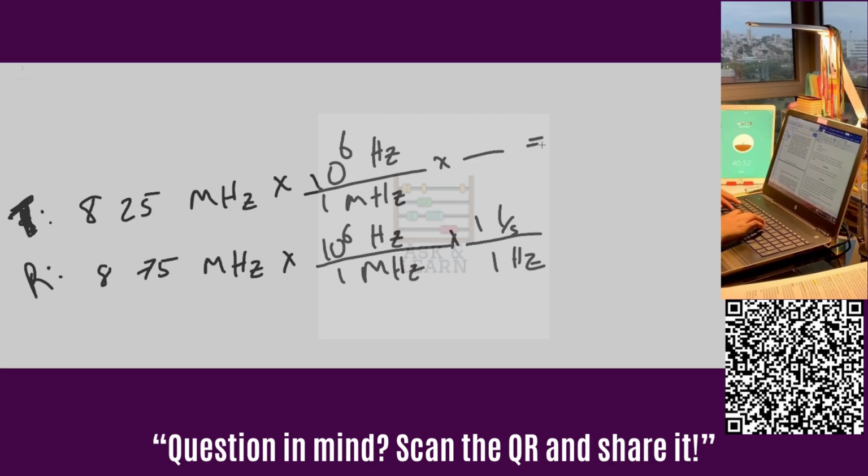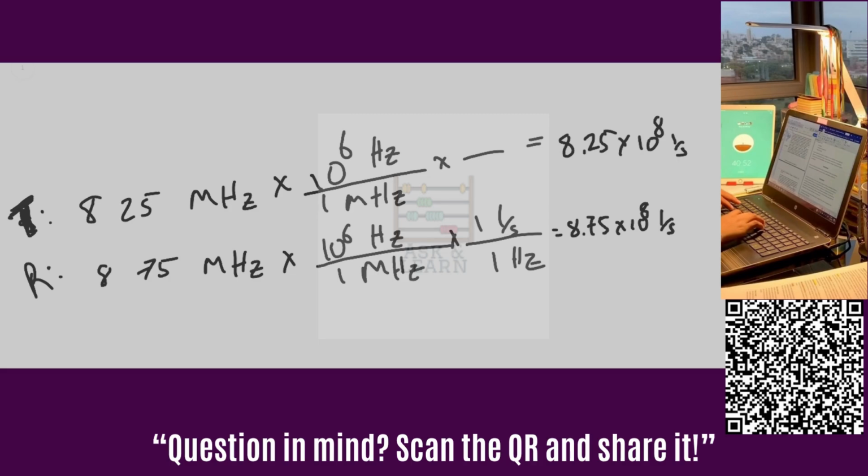That means when you solve for this, you're going to get 8.25 times 10 to the 8 per second. Same thing for the other: 8.75 times 10 to the 8 per second.